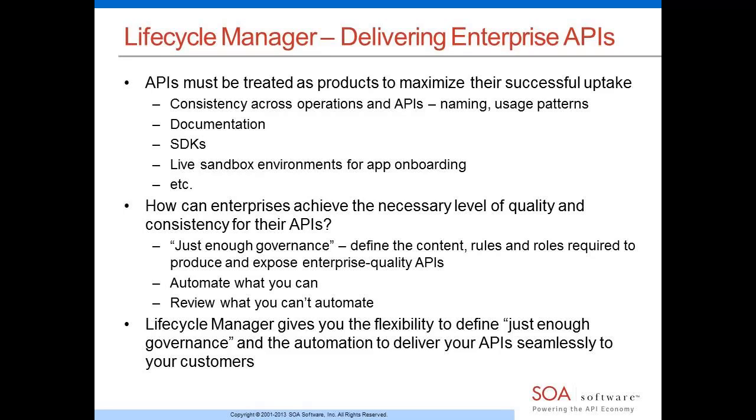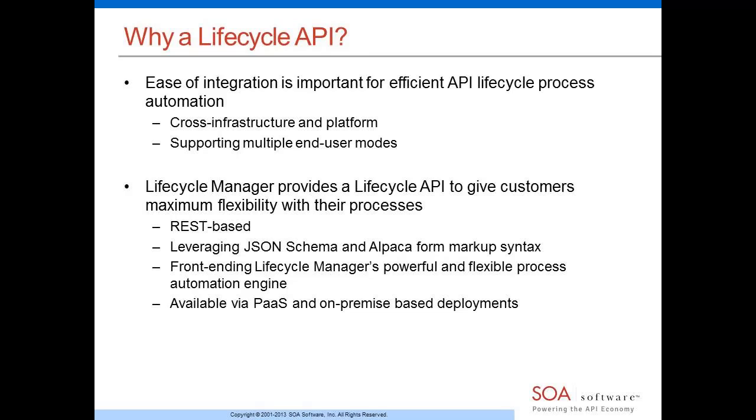So, with that as a background, why would you want an API over a lifecycle set of capabilities? Well, why would you build an API for anything? It's because you want ease of integration and to be able to support efficient process definition and process extension.